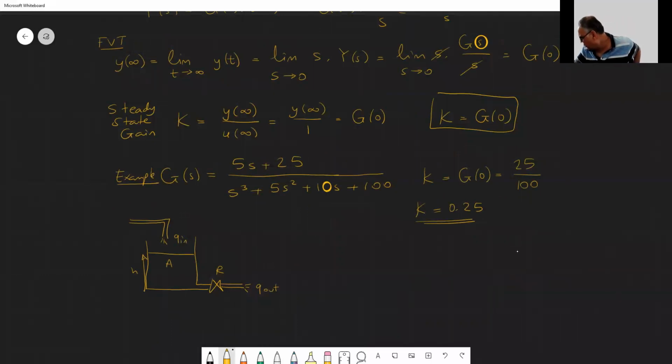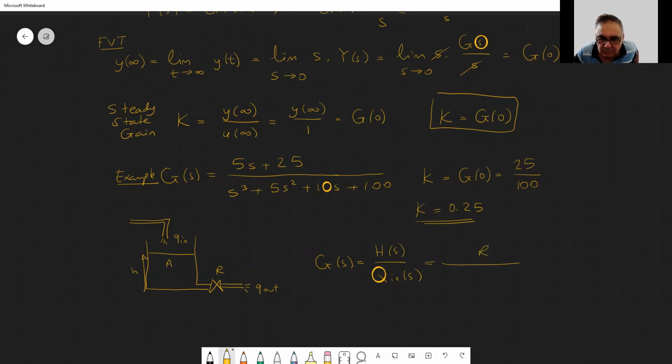For this system, let's say that the Q in is the input and the H is the output. So the transfer function of this system is H of S divided by Q in of S. We have done this before, so I will just write it down here.